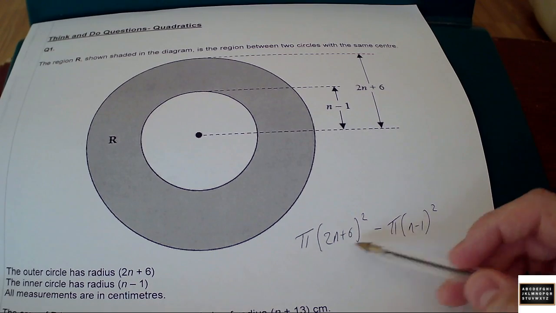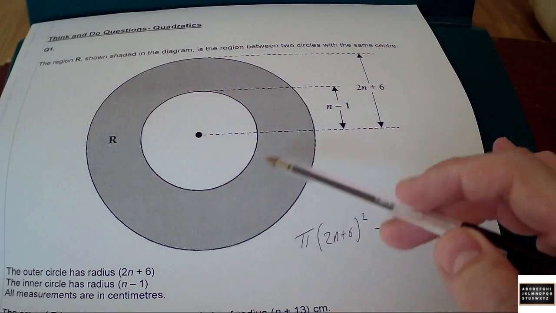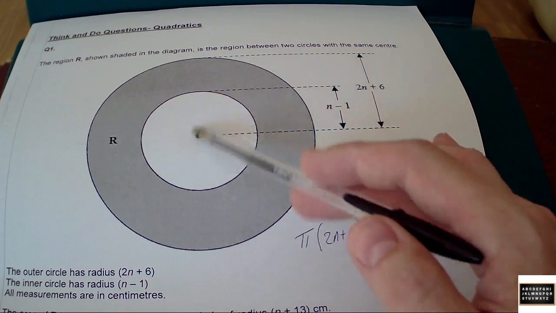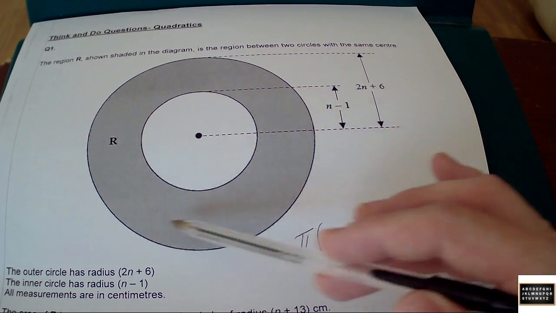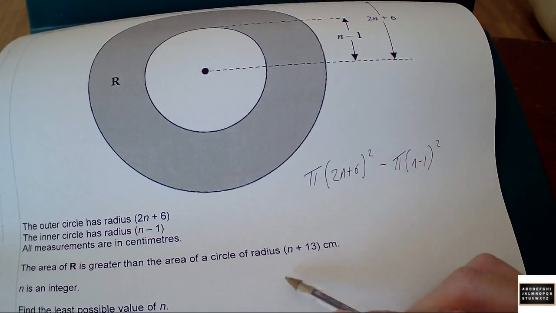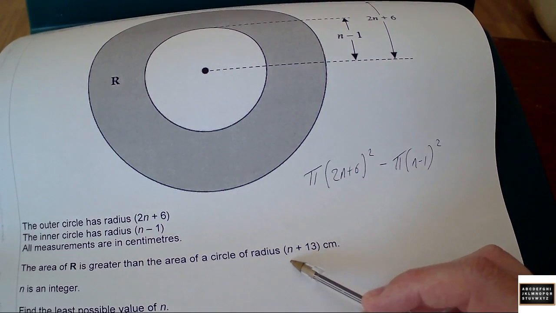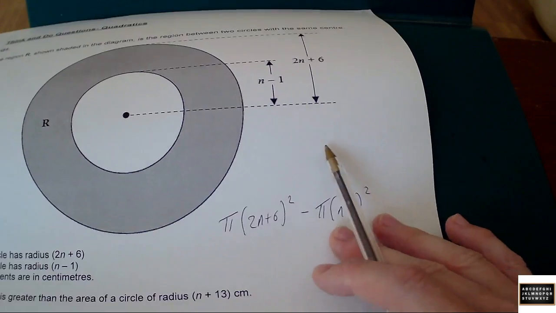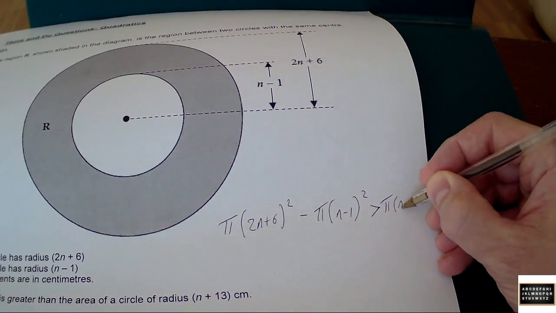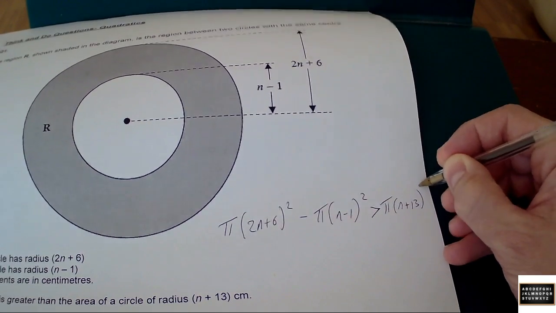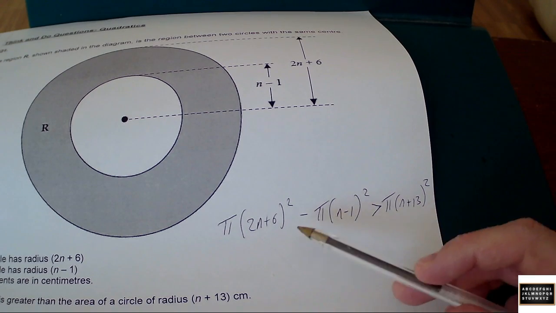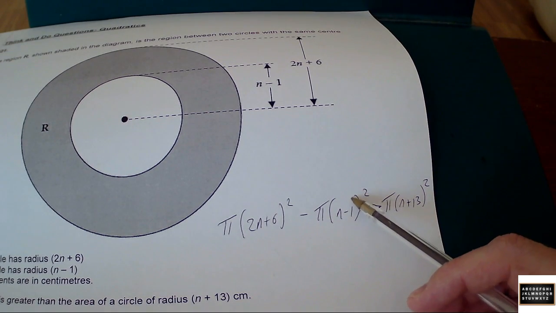What I'm doing is constructing an expression for the region R: the area of the big circle take away the area of the small circle, and what is left is this grey shaded area. The question tells you that this area is more than the circle of radius n plus 13, so I'm going to write an inequality, and construct that circle as pi times n plus 13, all squared, because that's the radius we would have.